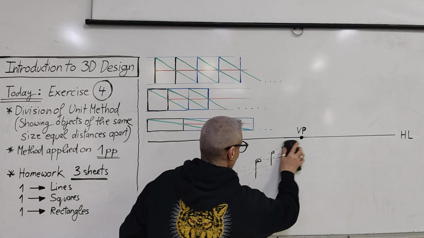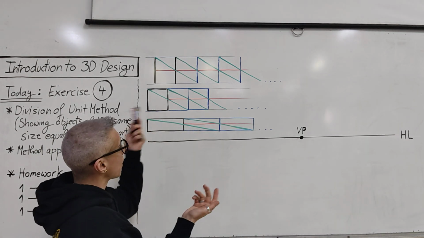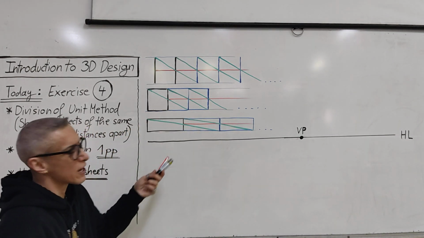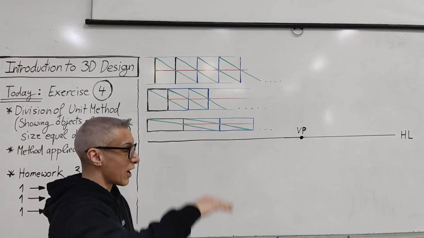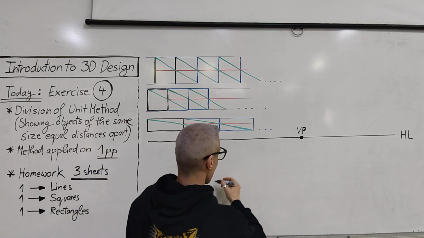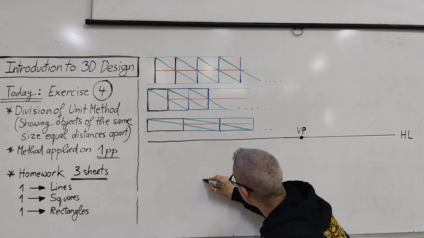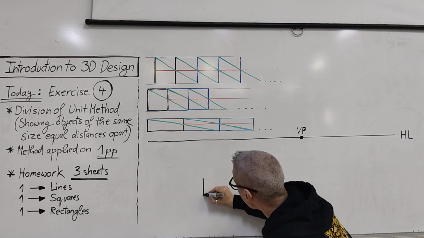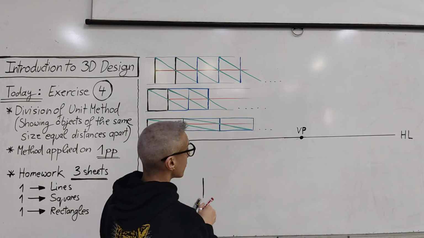Okay. Now, let us see what will happen when we have a square, for example. I will not draw the rectangle, it's the same idea. Whether something long or high or short, I will just draw the square as an example. So let us draw a square here. Now, this one I will take to the vanishing point.